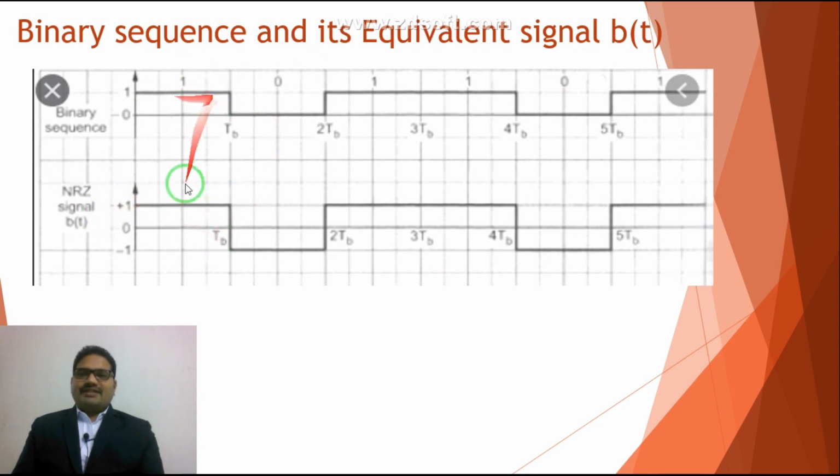So 1 is represented by plus 1 amplitude and 0 is represented by minus 1 amplitude. Since it is non-return to zero, it takes the entire bit duration. It does not return in the middle or center of any bit.